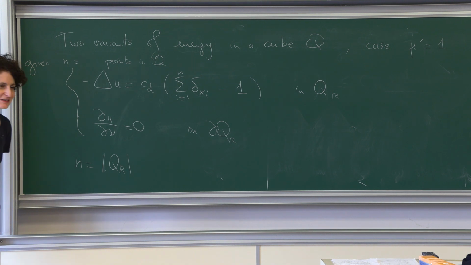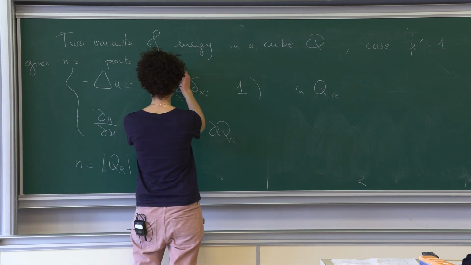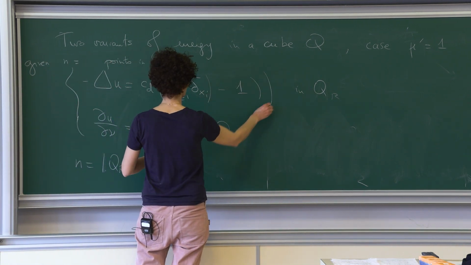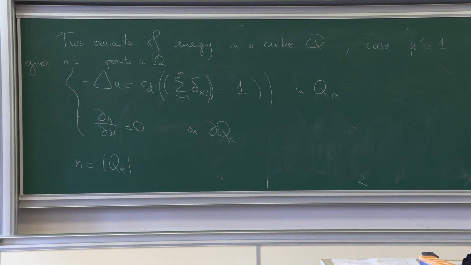Yes. Is it minus 1, or is it the sum of delta xi minus 1? No, it's the sum, minus 1. The minus 1 is not in the sum. N is the mass of the Dirac, and the integral of 1 is the volume of QR.